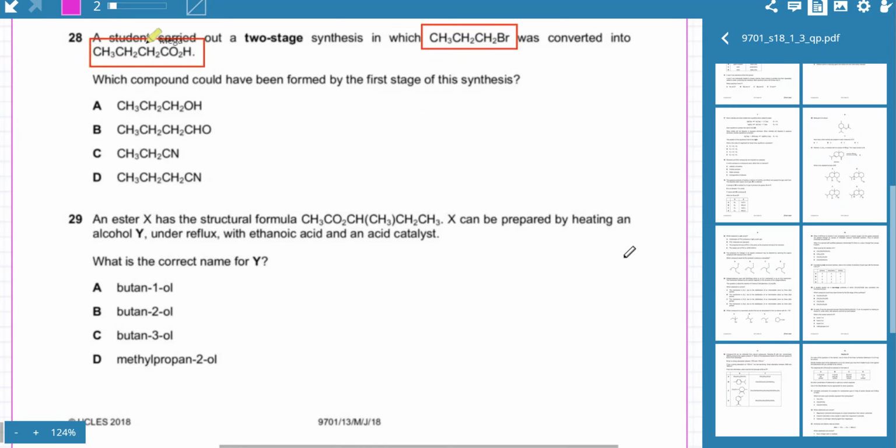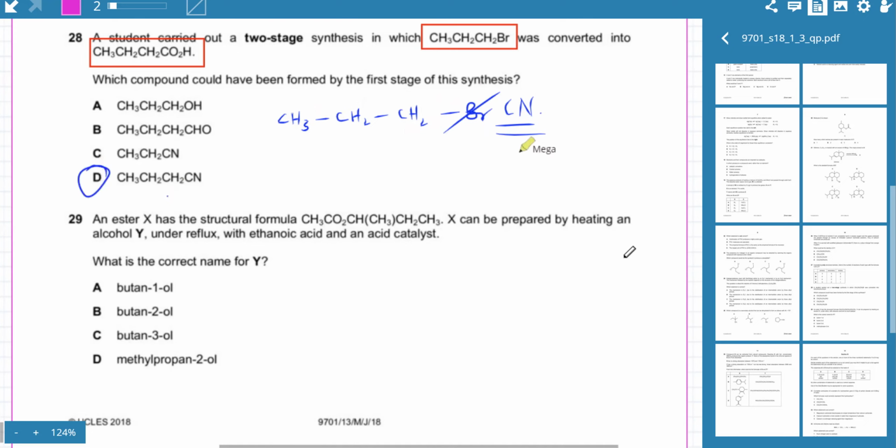Now there's one reaction that increases the carbon chain length, and that's a nucleophilic substitution of Br with CN. Like you can substitute it with OH, you can substitute it with NH3, but also CN. So that's the only one that increases the length of the carbon chain. So it's going to be D. You have to increase the length of the carbon chain.